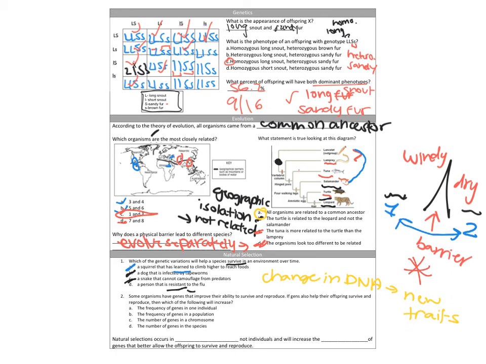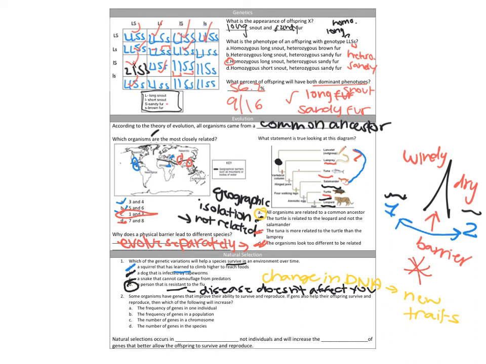Now, resistant means the disease doesn't affect you. Now, this, guys, is an inherited trait. You do get it from your parents, and it will help you survive, and it'll help your offspring survive because they're also going to get it. So letter D is the best answer.